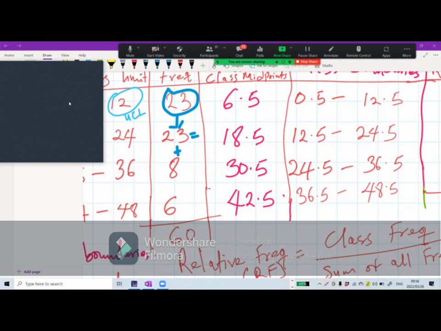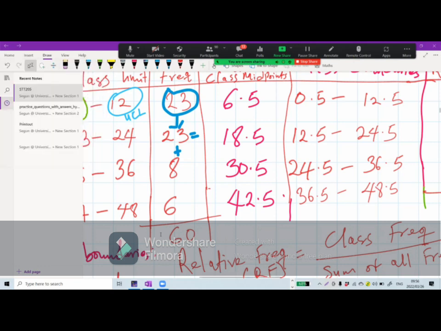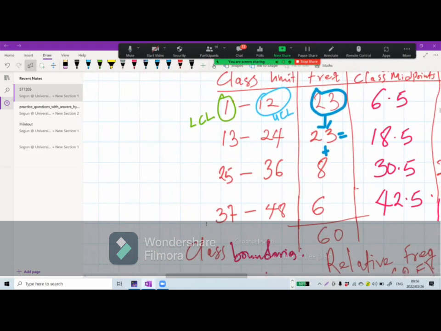Hello, sir. Yes, I just want to ask, in the case we have overlapped data, grouped data, how do we calculate the limit? I have come across questions in our material that are overlapped data.